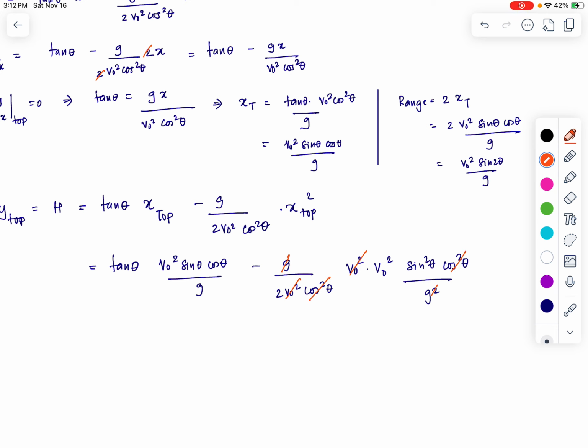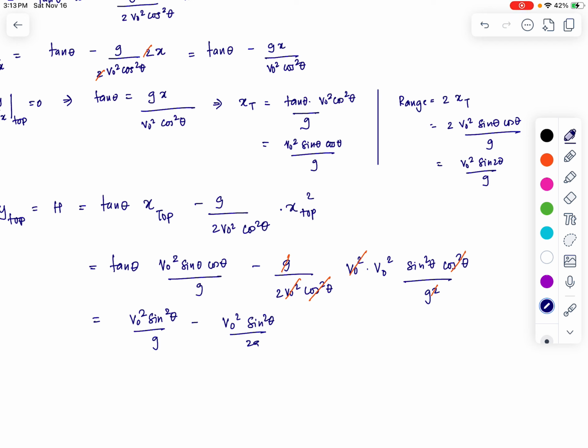So here we get v0 square sine square theta divided by g, minus v0 square sine square theta divided by 2g.